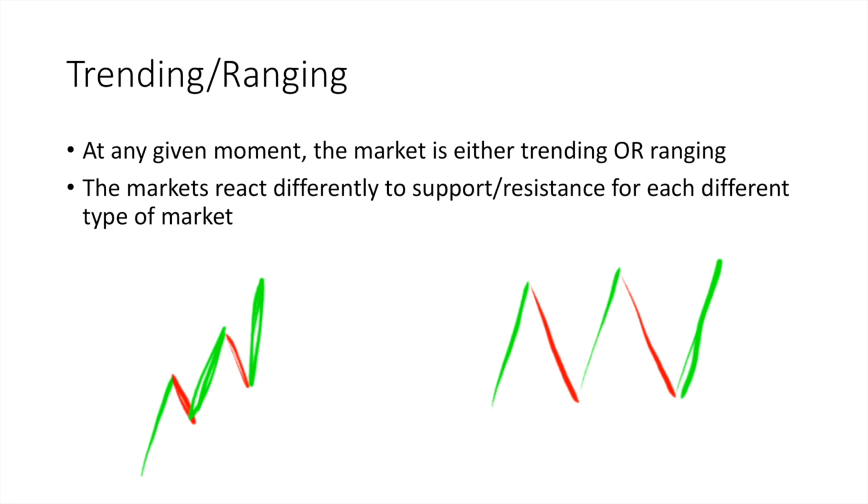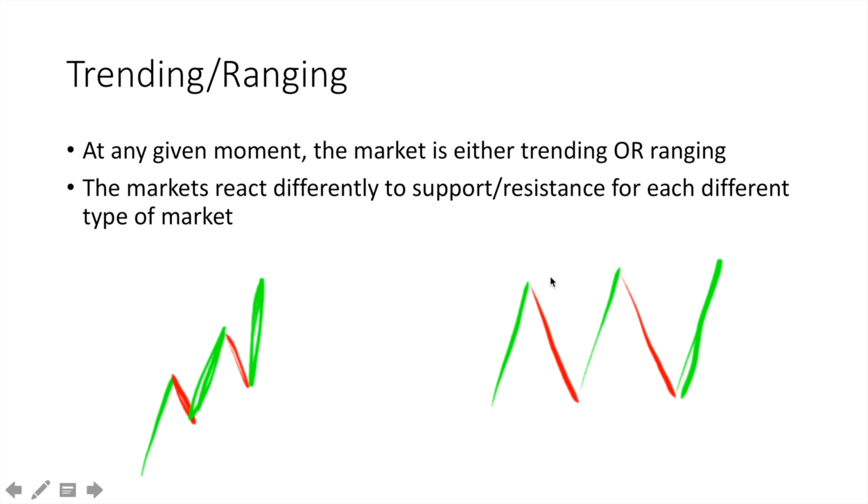The big takeaway is that markets react differently to support and resistance in each type of market, both trending and ranging. The big thing you need to know, and I'll get into this later, is that in trending markets, support and resistances are going to fail. Be careful trading support and resistances if the market is trending, and I'll tell you how you can best use this later.